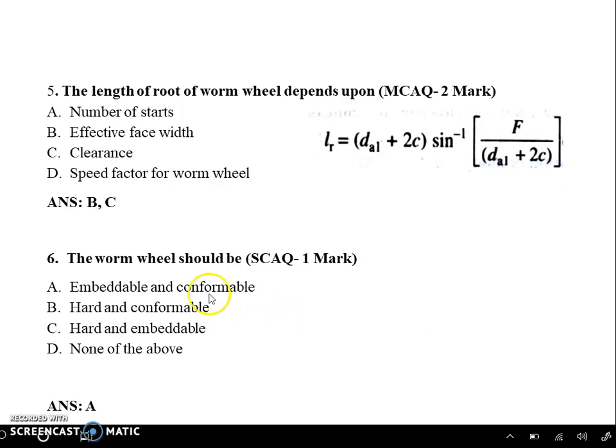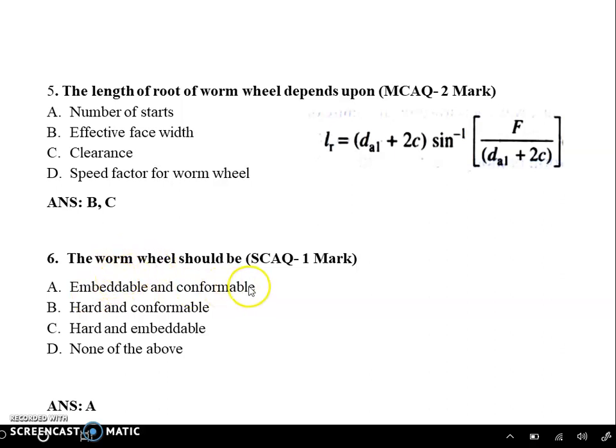So the worm wheel should be embeddable and conformable. That is the correct answer, because if it is hard, then the worm wheel will make scratches on the worm, and within a short period of time, this worm wheel will have to be replaced. That's why the hard property of the worm wheel is not expected.